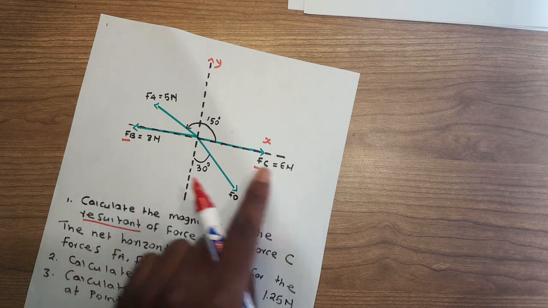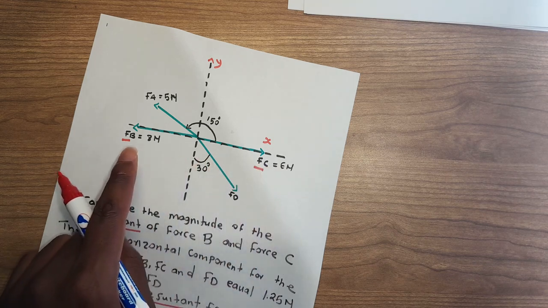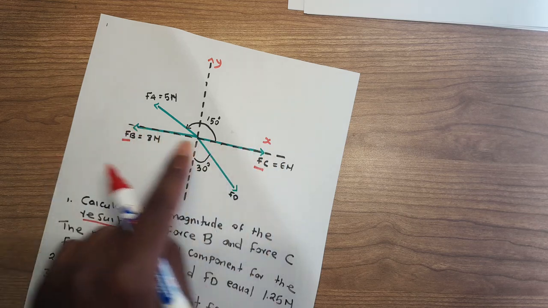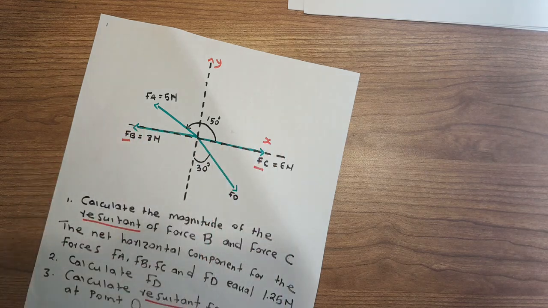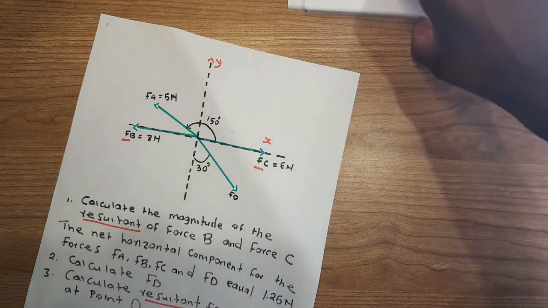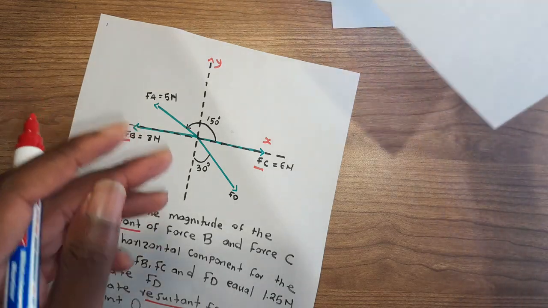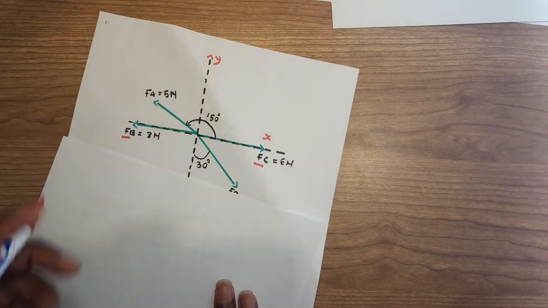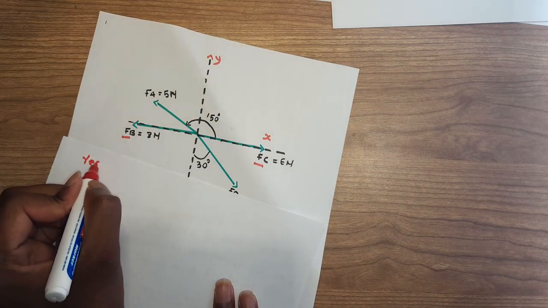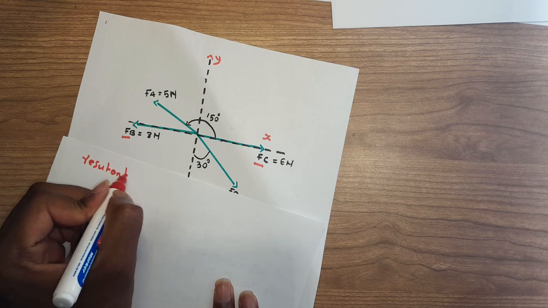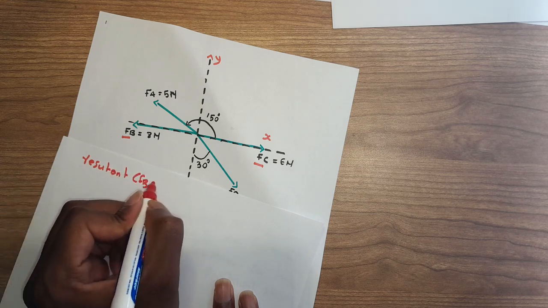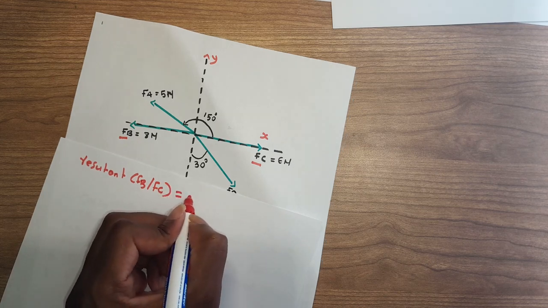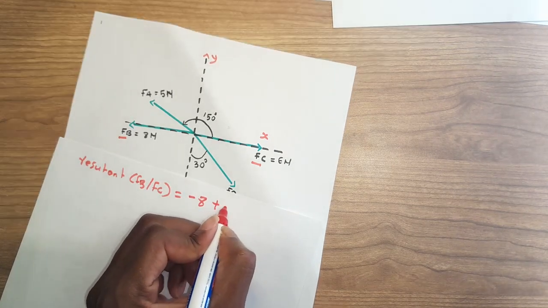Because FB and FC are on a straight line, which is the x-axis, you just add them without having to do anything, because we don't have the y component to use the theorem of Pythagoras on. So the resultant of FB and FC is going to be minus 8 plus 6.